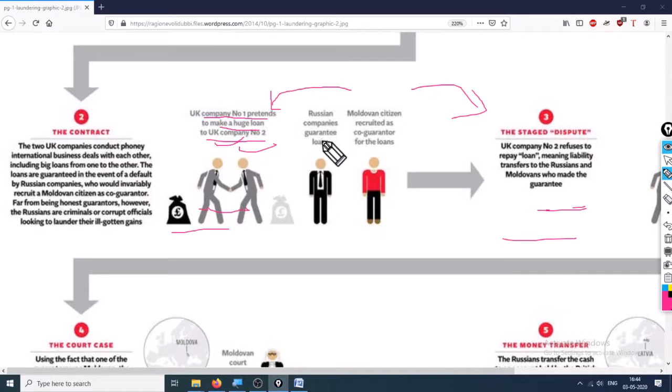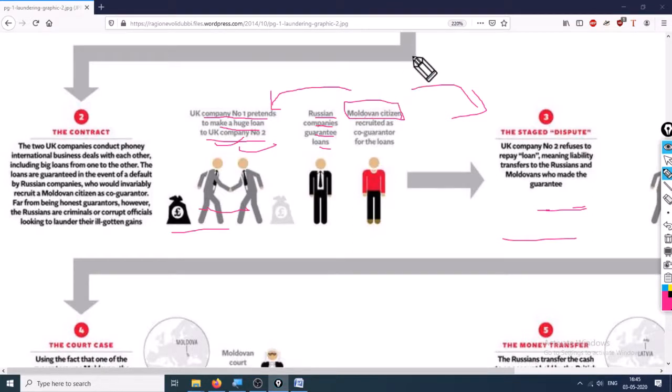The guarantors were Russian companies, and the co-guarantor was a Moldovan citizen.